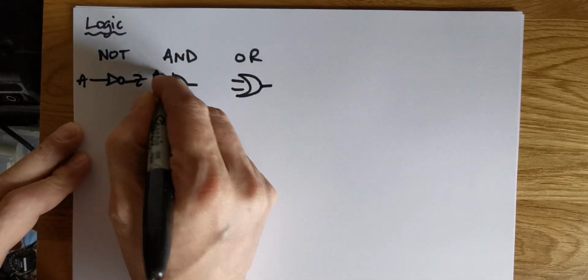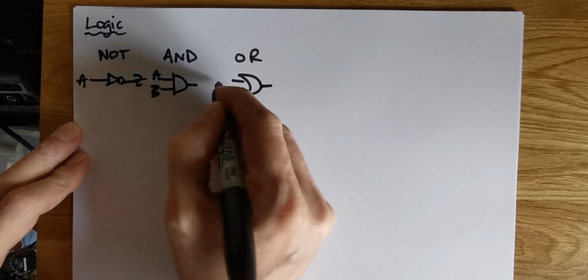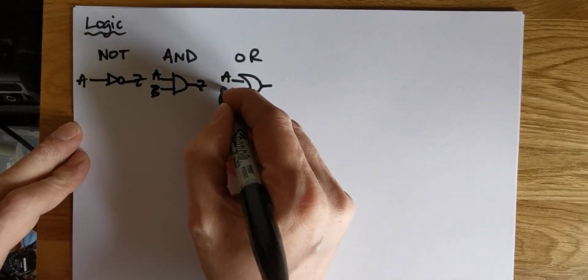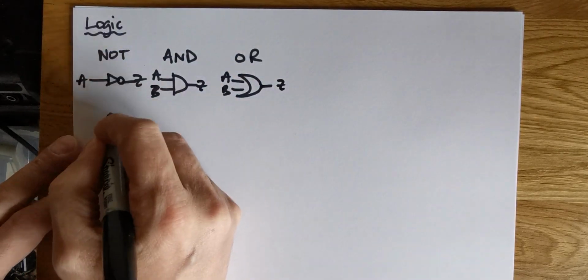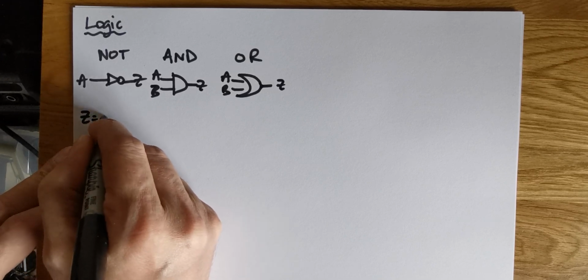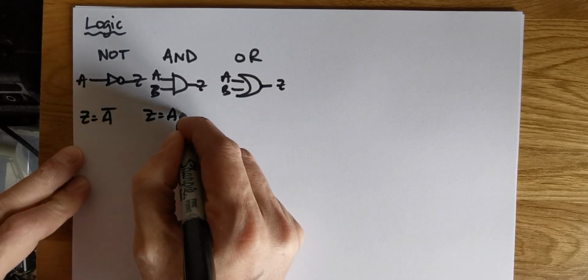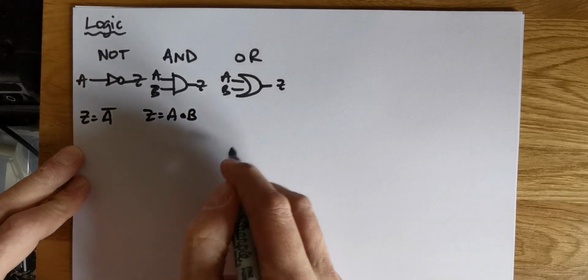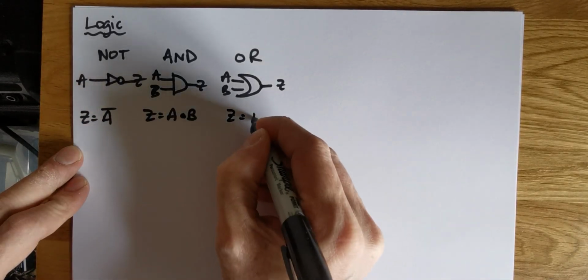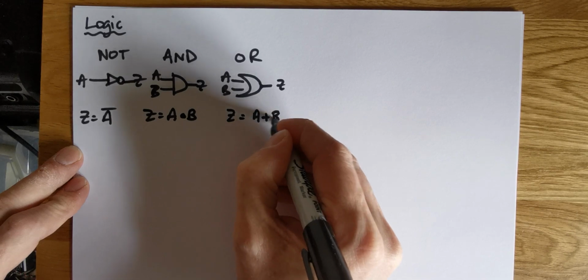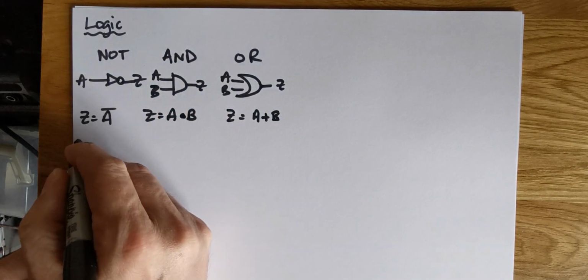And then we could talk about the Boolean terms. That would be A, B, Z. So the Boolean term for that would be Z equals not A, Z equals A and B, Z equals A or B.